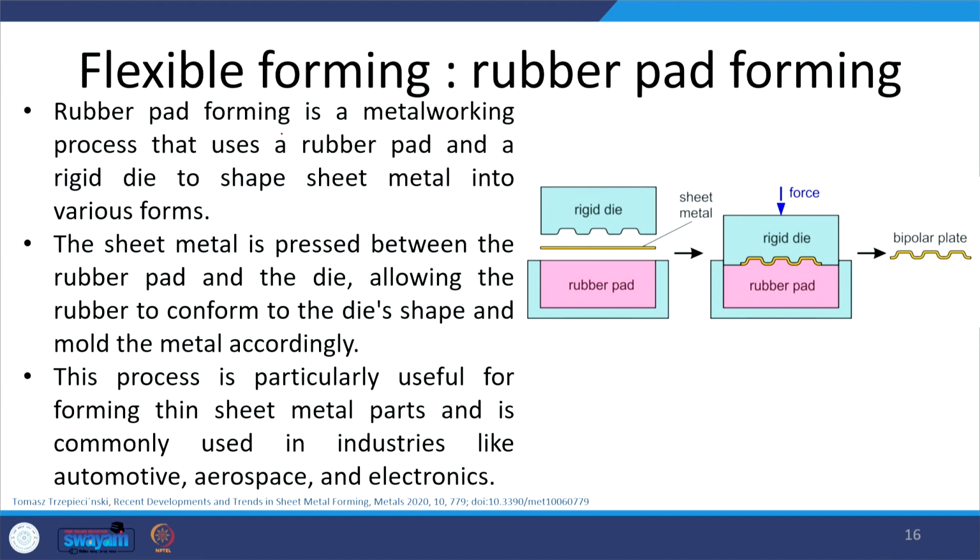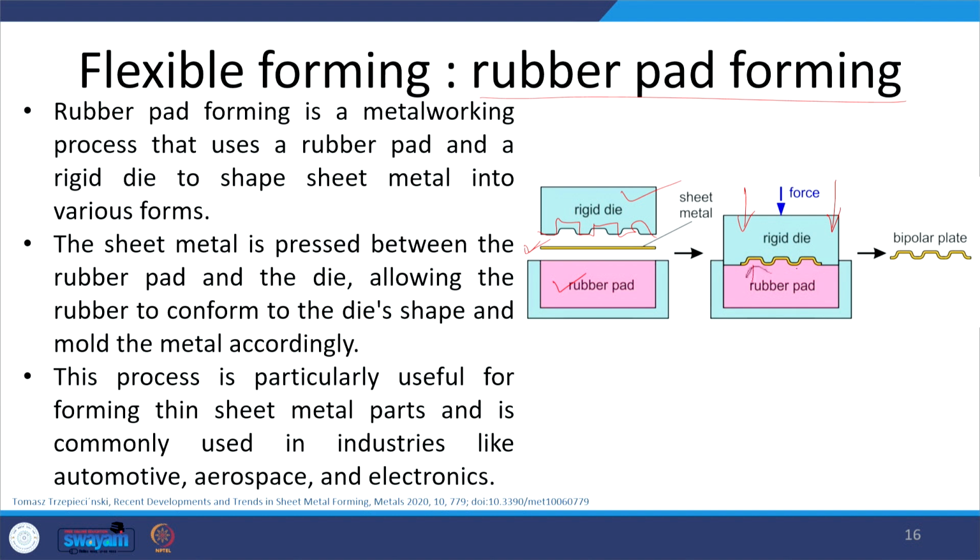Flexible forming: a typical example is rubber pad forming, which belongs to one category known as flexible forming. In rubber pad forming, we use rubber and one die with the desired features. In between the rubber pad and the die, sheet metal is placed, then the die is pressed onto the sheet metal.